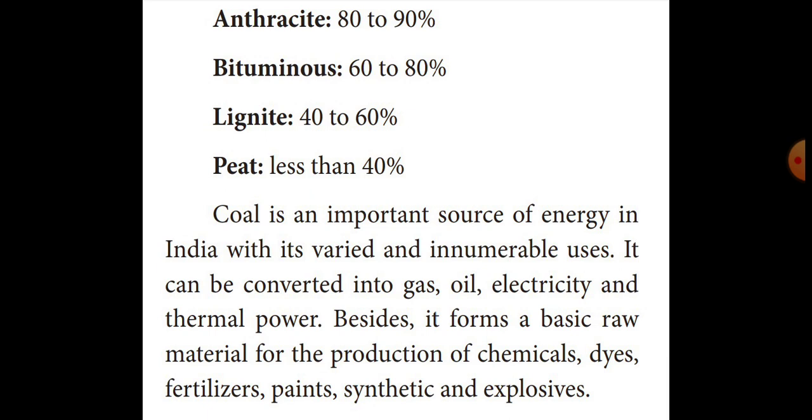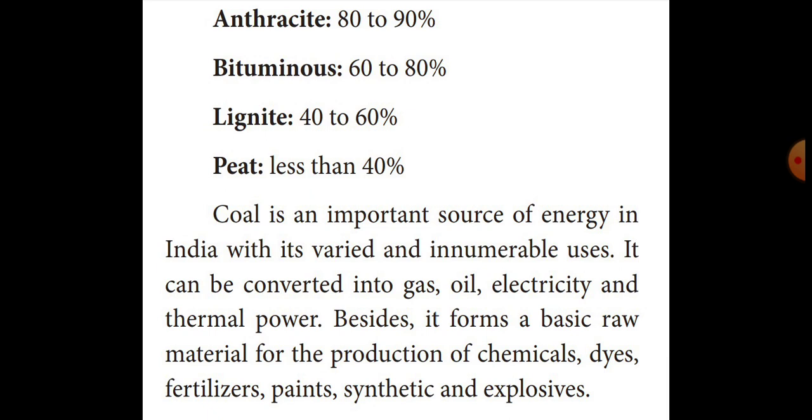Coal is also called black coal. It is a valuable substance, so it is called black gold. Then coal is classified into four types: anthracite, bituminous, lignite and peat.